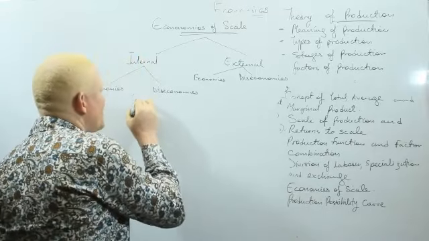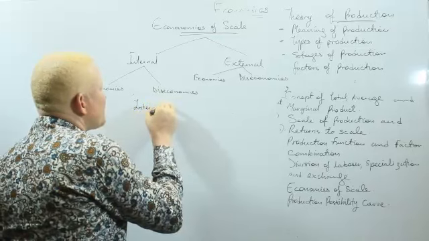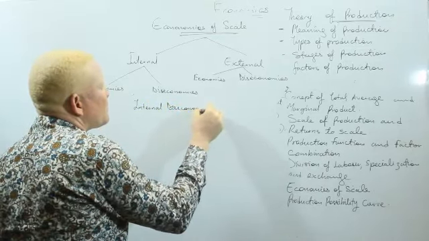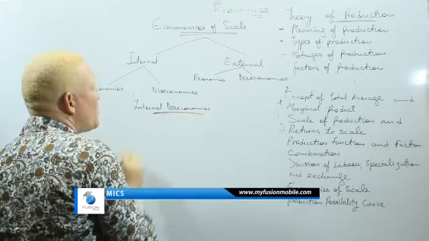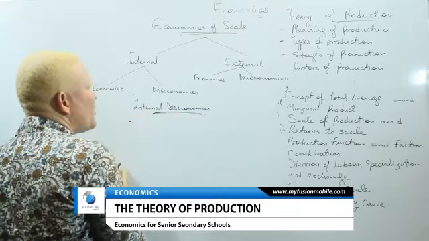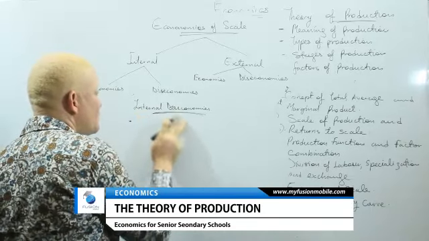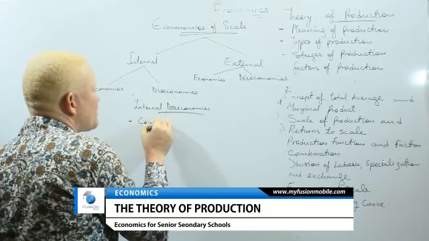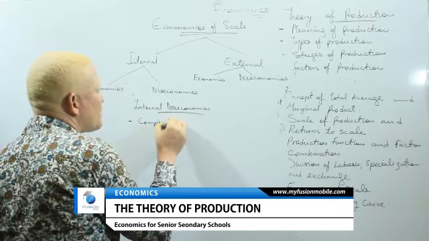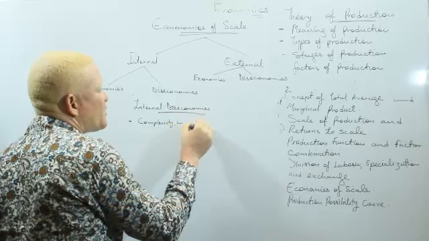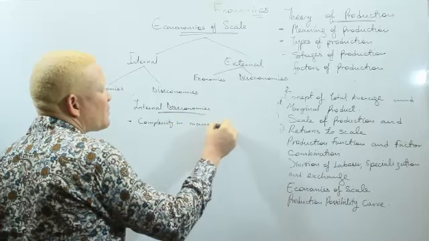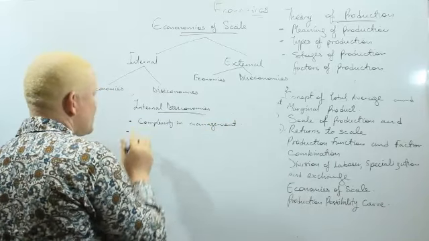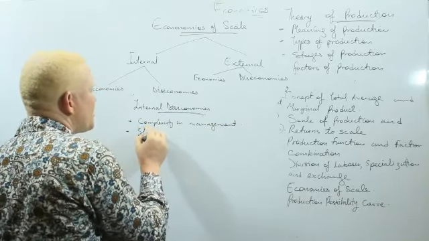These internal diseconomies will talk about, of course, one, complexity in management; two, slow decision making.